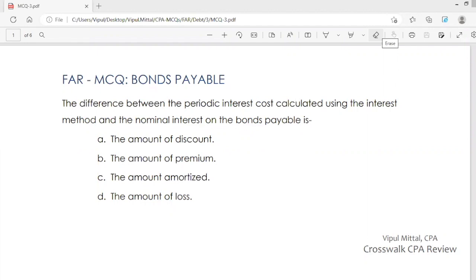The difference between the periodic interest cost calculated using the interest method and the nominal interest on the bonds payable is what? You have four answer options.